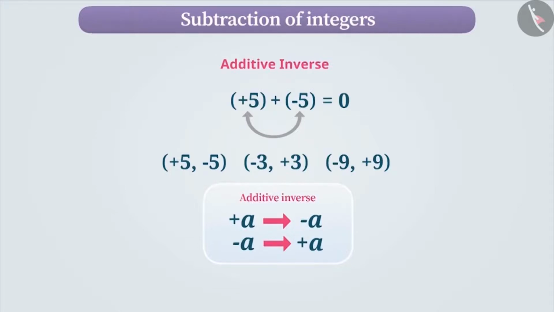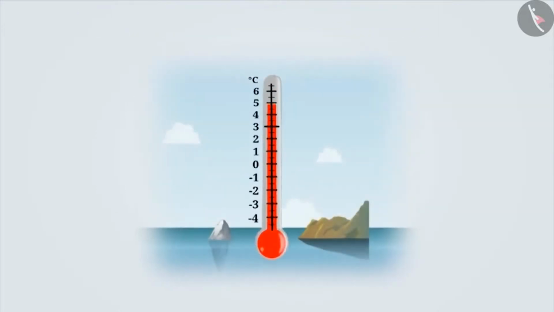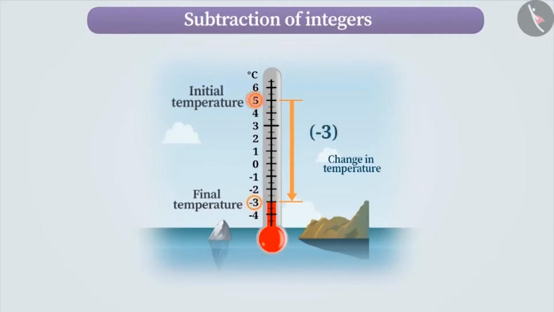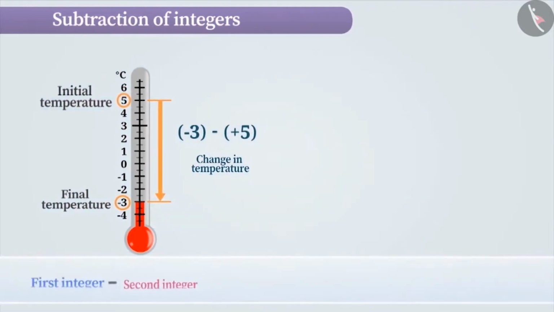Suppose the temperature decreases from plus 5 degrees centigrade to a minus 3 degrees centigrade. Find out the change in temperature. How? Well, in order to do so, we need to subtract the final temperature minus 3 degrees from the initial temperature of plus 5 degrees. Whenever we subtract one integer from another, we add the additive inverse of the integer being subtracted to the first integer.